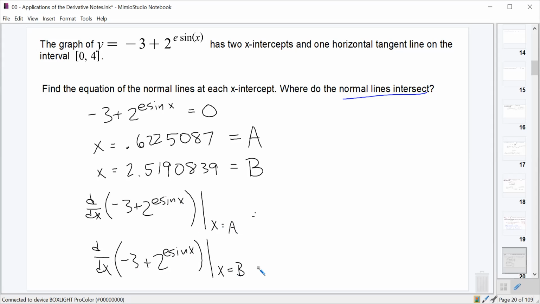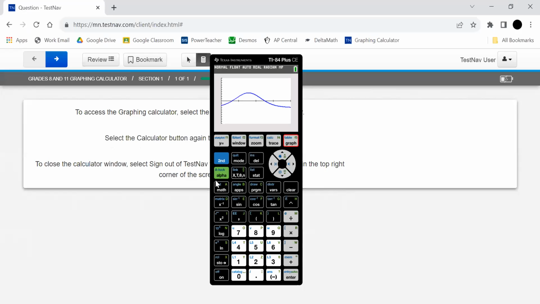Now, conveniently enough, we've already got this function graphed. So if I go back into the graph, I can just hit second trace, which brings the calculate window up again. And I can pick option number 6. And I'm not going to type in 0.6225087.